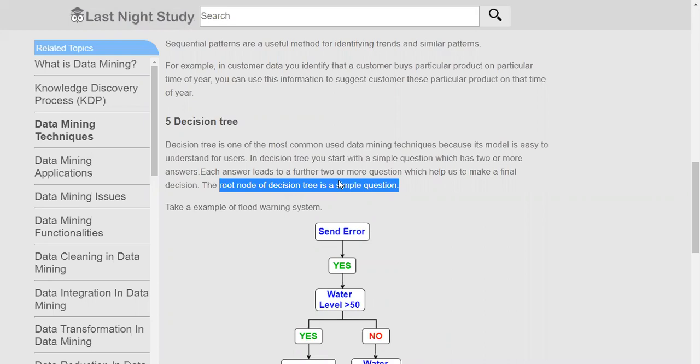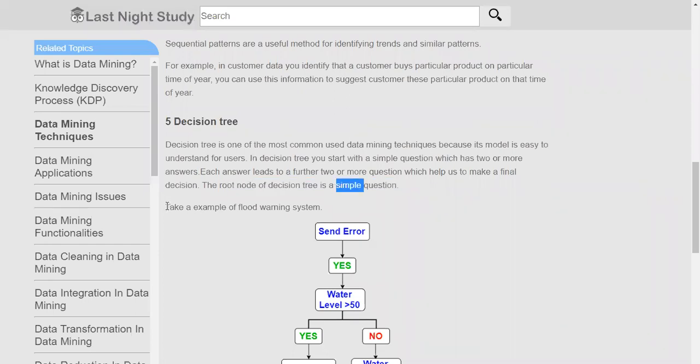You can go to our YouTube channel and search for data structures. Specifically, we have trees, and we also have B trees and B plus trees, which are also used in concurrency transactions. So decision tree means you are using a tree data structure for finding out the decision. The root node would be the simple question which you are going to ask.